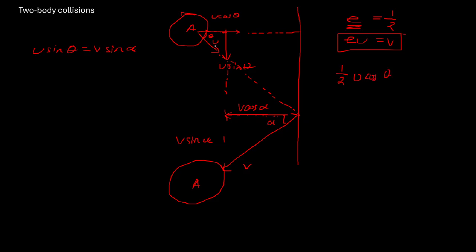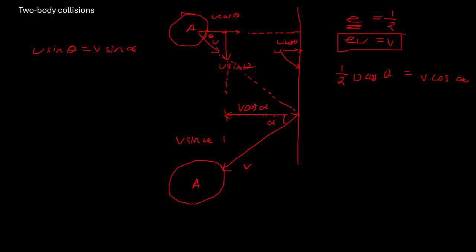Remember, we don't take u because u is not perpendicular to the barrier. If this is u, this is not perpendicular, but u cos theta is in fact perpendicular. So 1 by 2 u cos theta equals v cos alpha. That's the new horizontal component, because it's perpendicular. The perpendicular velocity will give you a new perpendicular velocity, while the parallel velocity remains the same.